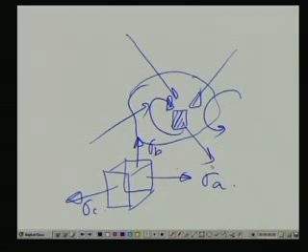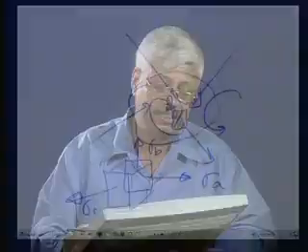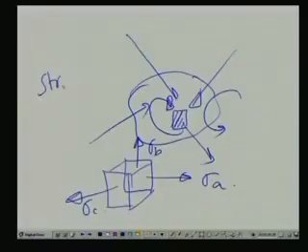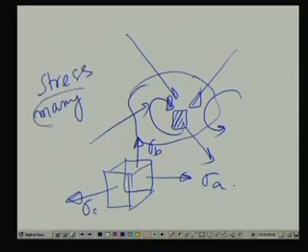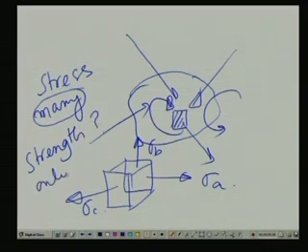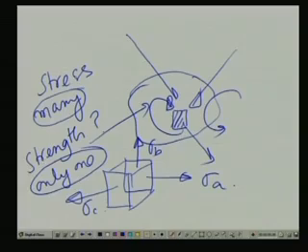So, we have a multitude of stresses, but what is understood by strength? Strength is only one, say the yield point. There are many stresses at different points, but there is only one strength of that material.